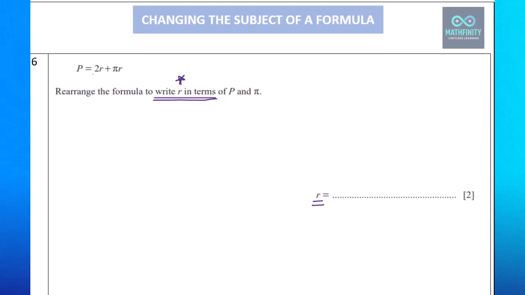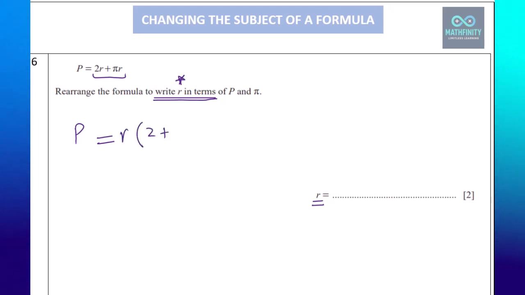And we observed that on the left hand side, R is between two terms. The first term has R, and the second term also has R. So we learned in question number 4 that if the given variable is in 2 terms or 3 terms, take it out common. You can take R as common. So what is left? 2 plus pi. This is the first step.